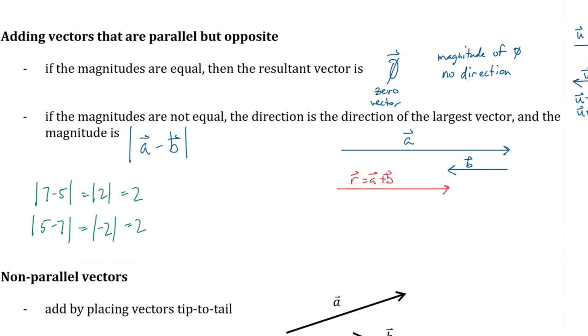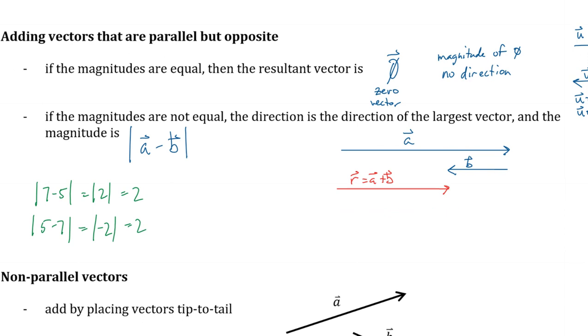It looks like I subtracted, and in a sense I kind of did, but B is in the opposite direction, so adding it means I'm subtracting. It's like adding a negative. It's the same idea as subtracting. So I go this way and then go back the other way until I get to this position. That is what happens.